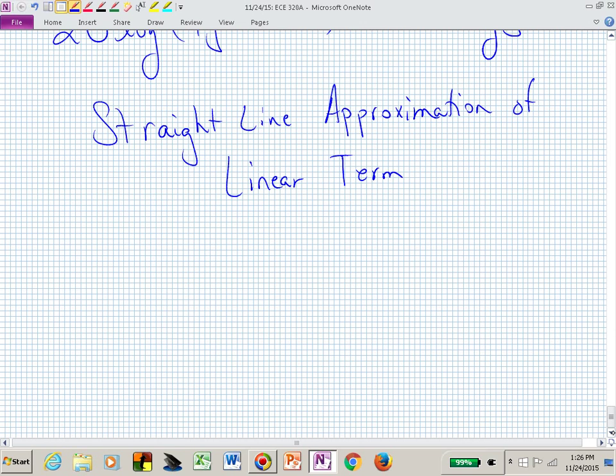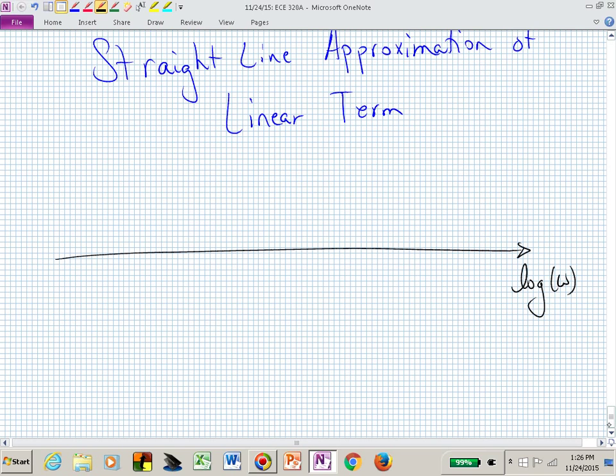So for this straight line approximation of a linear factor, what I'm hoping you have an appreciation for now is, if this is my independent variable, log of omega, and I want you to plot the magnitude in dB of the linear factor, where do I start on the left for low frequencies? 0. And when is this flat line at 0 going to intersect with the sloping line? Right when Goldilocks is happy, right at the sweet spot.